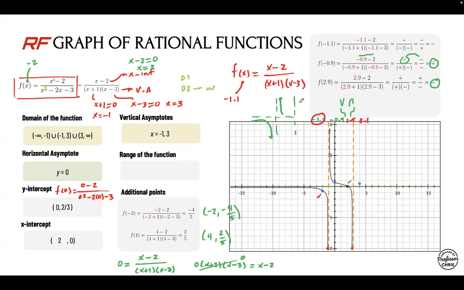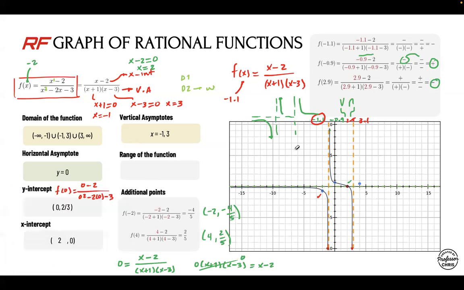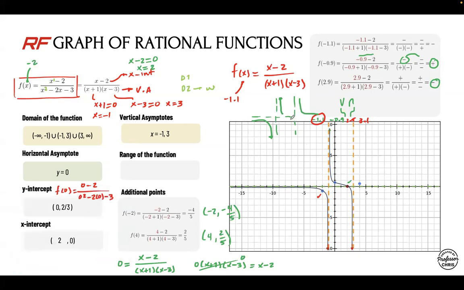And if you have this one up here, the other one inside the asymptote will face the opposite direction, like this.